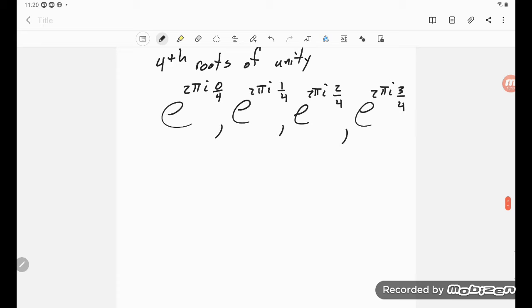Okay, and if I raise all those to the fourth power, I get 1. And in this case, this actually is the number 1 right here. Then the second one is the number i.